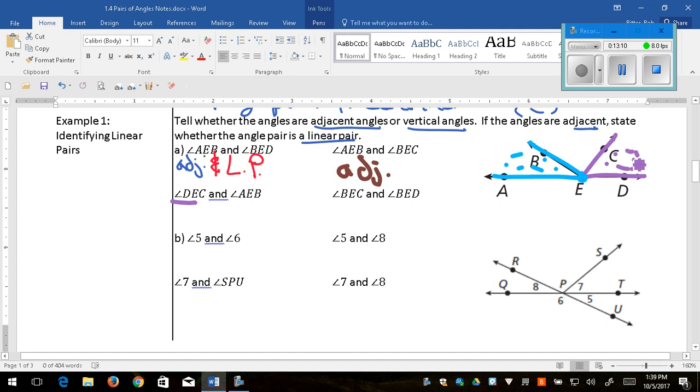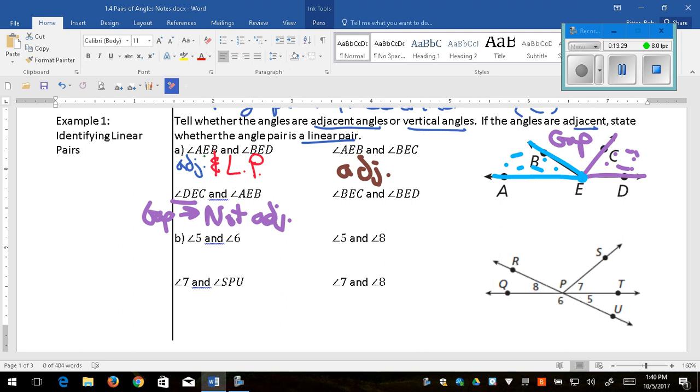They do not have a common ray. So, they don't form a bigger angle. There's a gap. Because of this gap, and it not forming a bigger angle, these are not adjacent. And they're also not vertical angles. We don't have the intersection of two full lines with the angles pointing to each other.